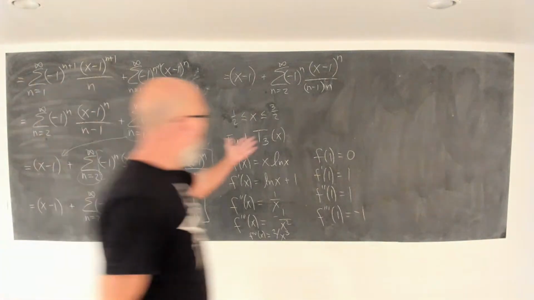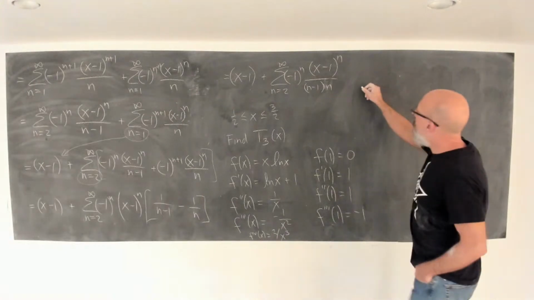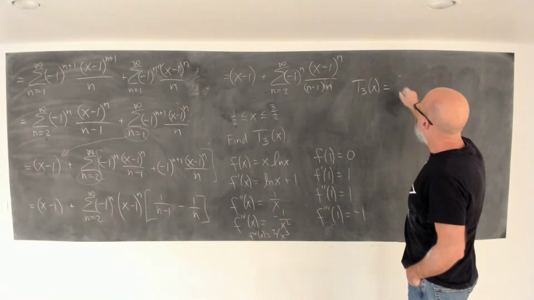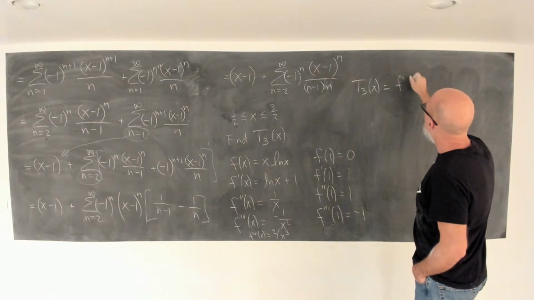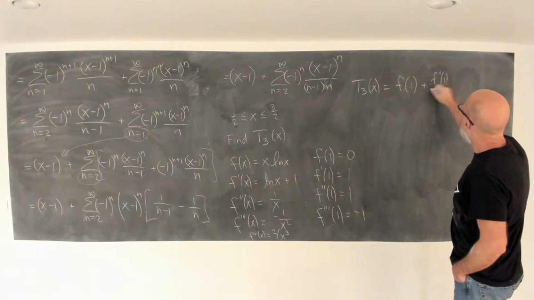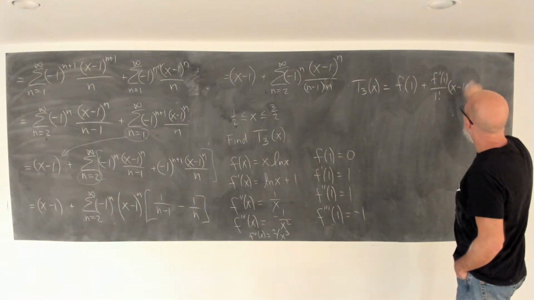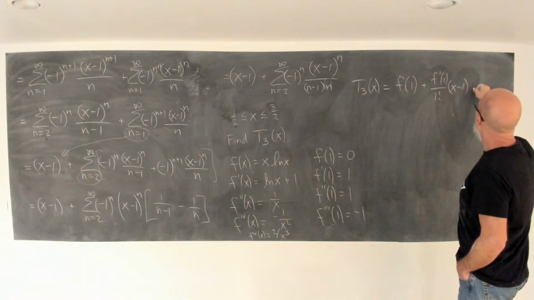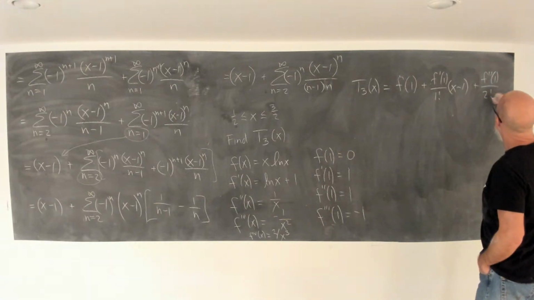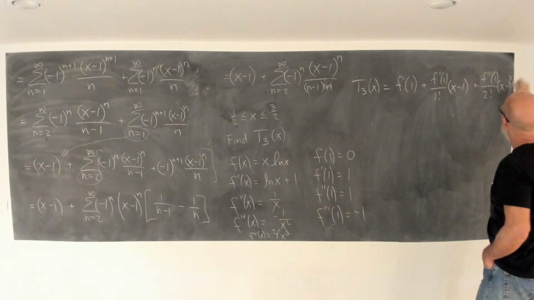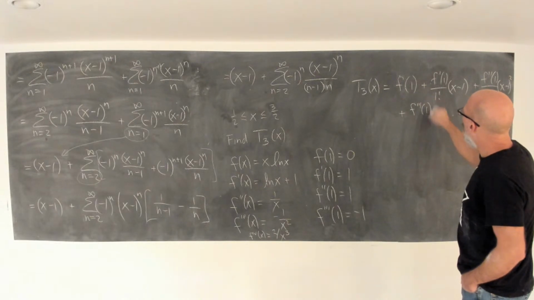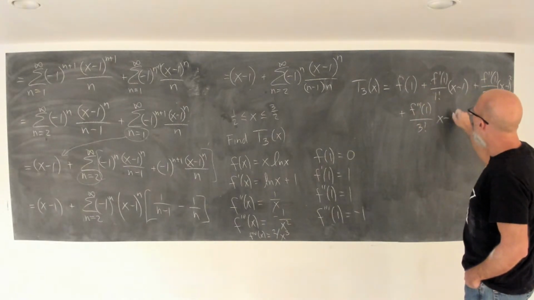Right, so what are we saying? T3 is f of 1, plus f prime of 1 over 1 factorial times x minus 1, plus second derivative at 1 over 2 factorial times x minus 1 squared, plus third derivative at 1 over 3 factorial times x minus 1 cubed.